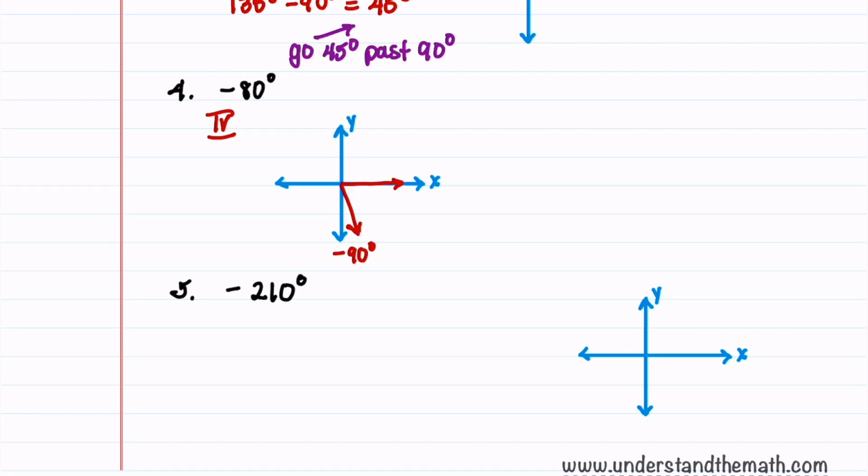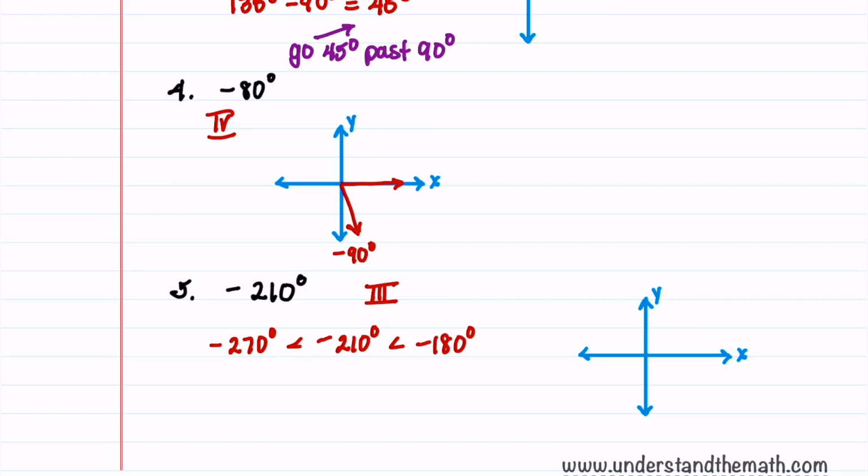For our last angle, we have minus 210 degrees. We'll note that minus 270 degrees is less than minus 210 degrees is less than minus 180 degrees. So our angle is in quadrant 3.